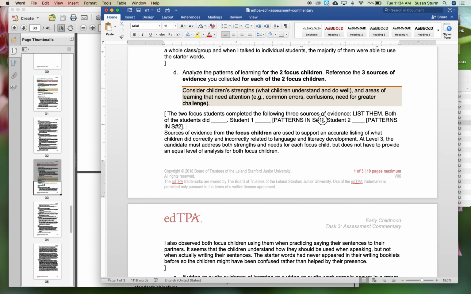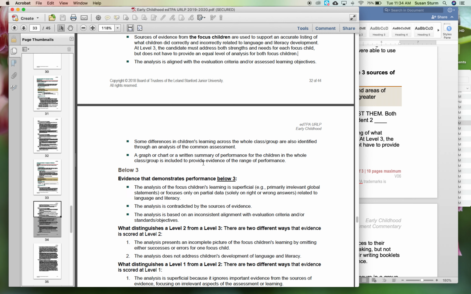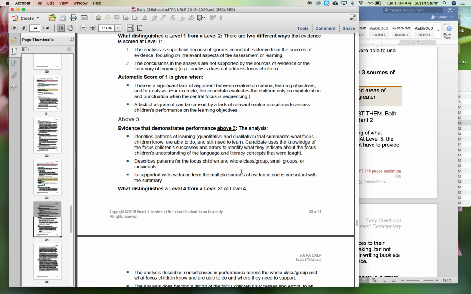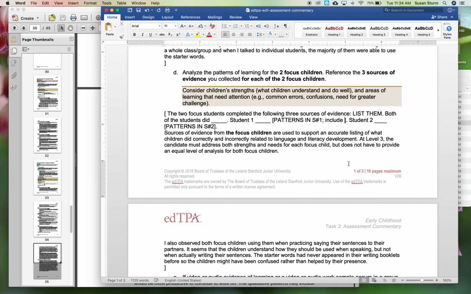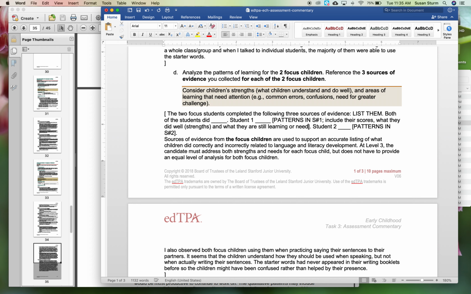When you're talking about your patterns in student 1, include, and this is going to get you going back up to that level 4, their scores, what they did well, or strengths, and what they are still learning or need support in.